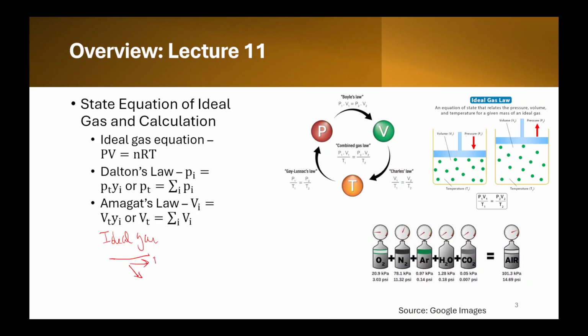It has particles of point size, basically negligible or zero volume, and no interparticle interaction. So these are the characteristics of an ideal gas.